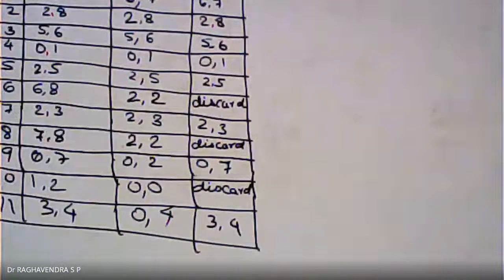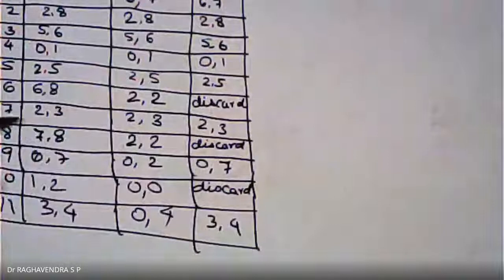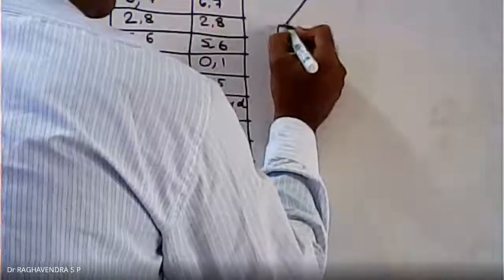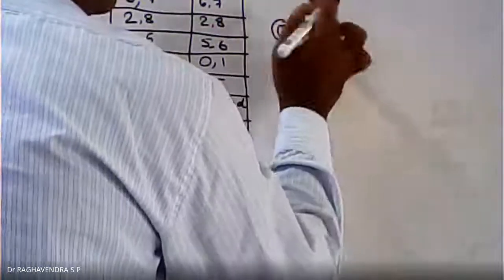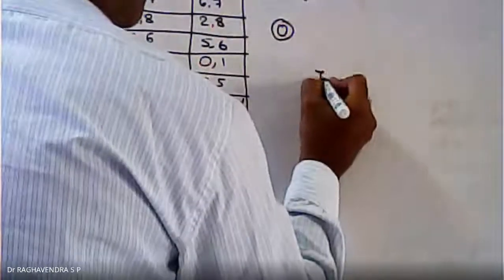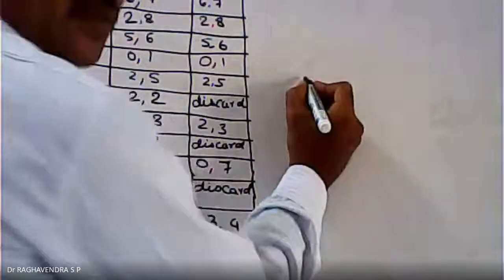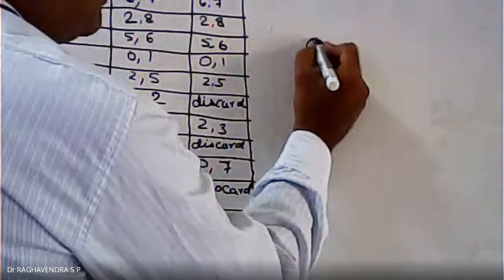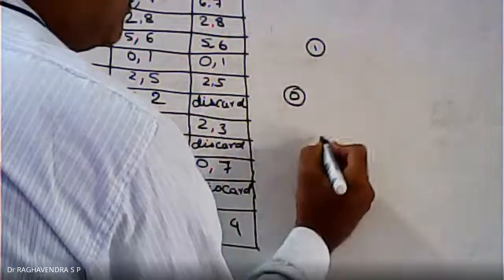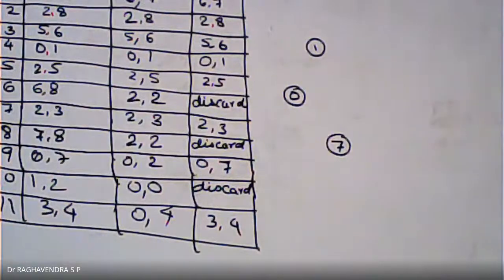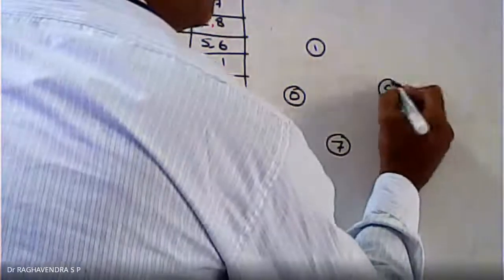So now you write the forest. Forest means whatever vertices are there in the graph, you have to write as it is. That is 1, 0, 7, then again here we have 2.